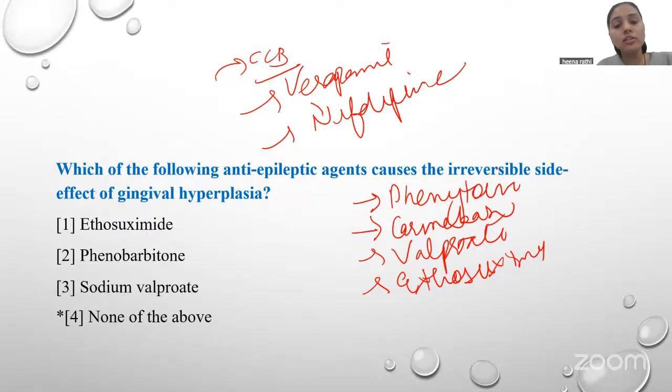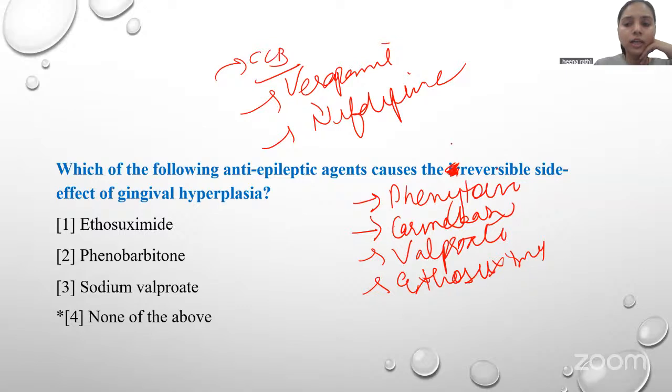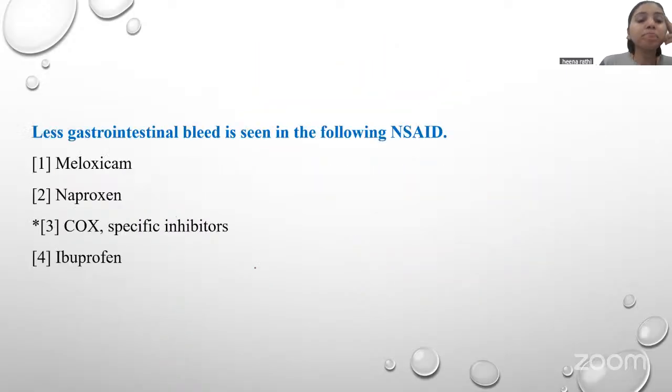But the condition is these all drugs show the reversible type of gingival hyperplasia. But in our question, the question is what are the drugs which show the irreversible type? So the irreversible type is not shown by any of them. They show only the reversible type of gingival hyperplasia.